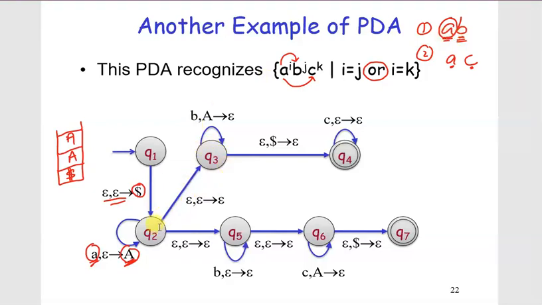After we push capital A into the stack, we read B. Once we read alphabet B, we pop capital A from the stack. We keep popping capital A from the stack until we find the dollar sign symbol in the stack, and then we go to the final state.